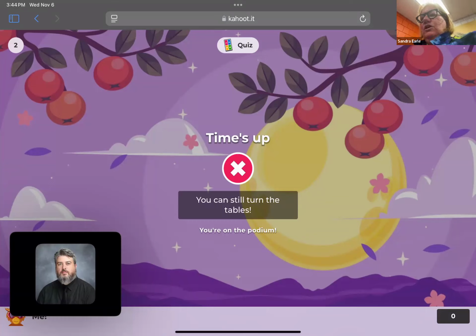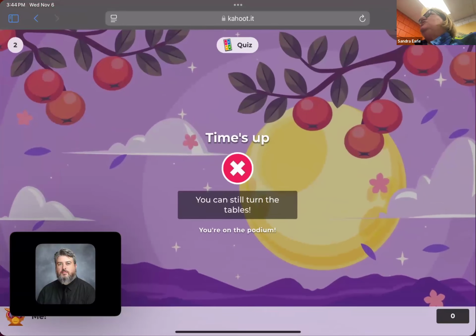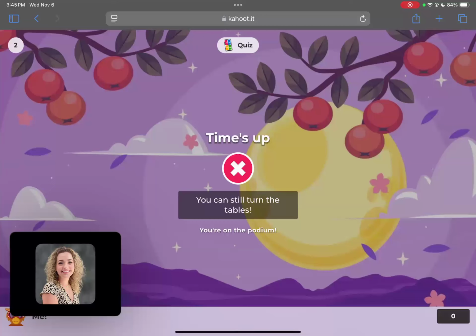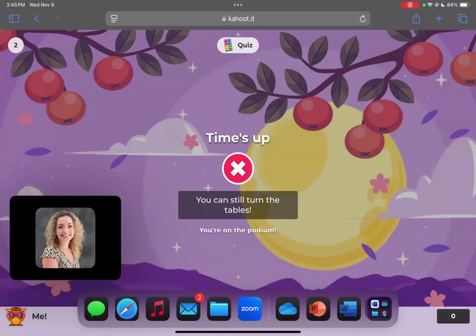I don't think this is gonna work. I don't know why this is, well, you know what, let me see if I can change the settings or something. I think it's because you're logged in on your computer to the main host Kahoot thing. It would have to be on the share screen for us to see the questions on Zoom. Yeah, but I have it on my computer at my desk, not on here. That's probably why.